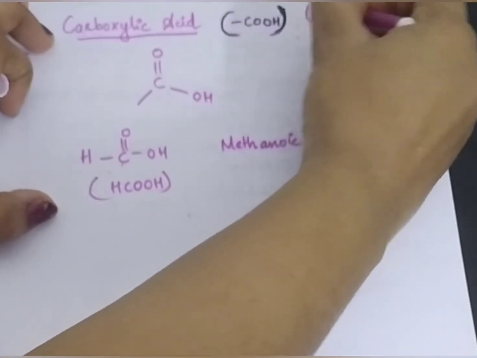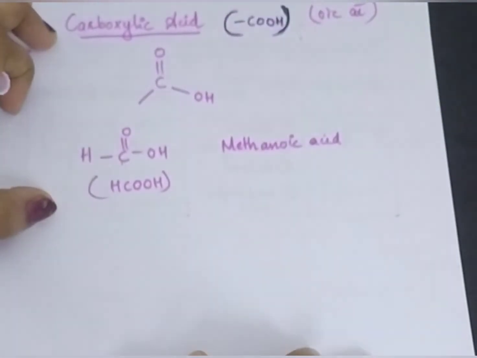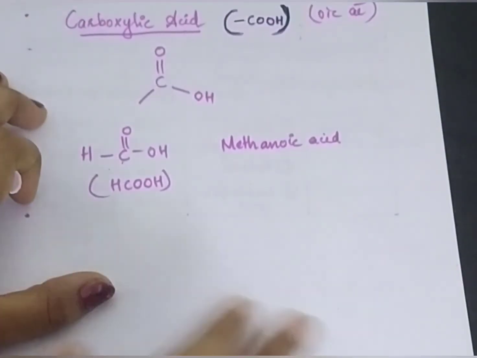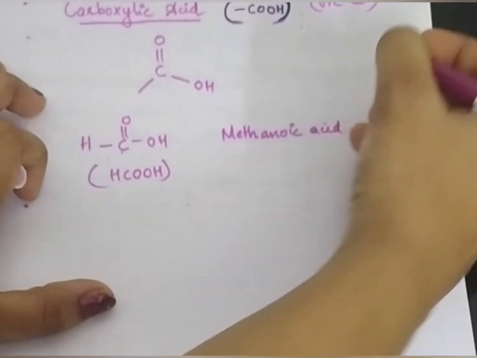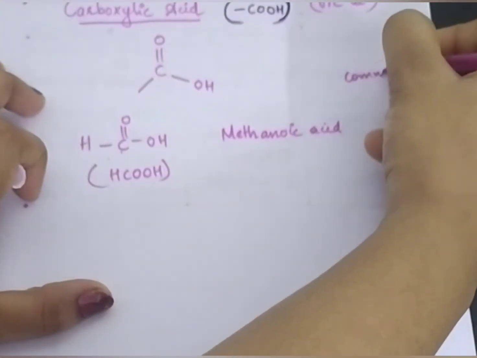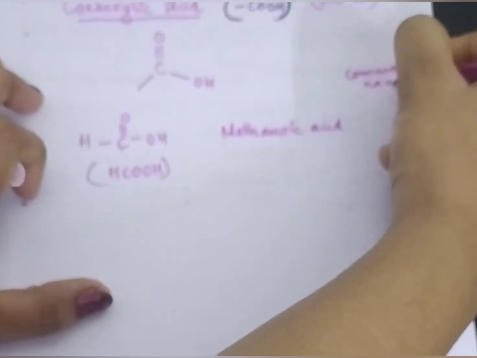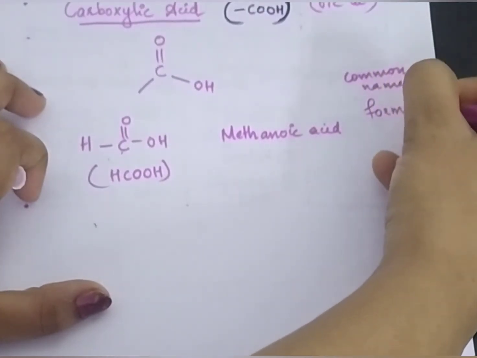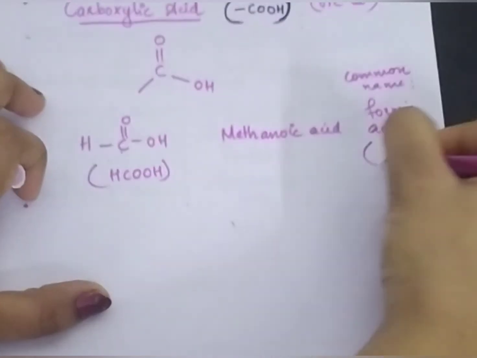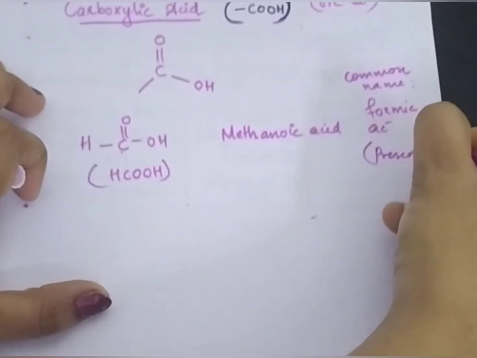At the end of the word it is replaced with OIC acid. Here the common name will be formic acid and the IUPAC name will be methanoic acid. Formic acid is present in ants.